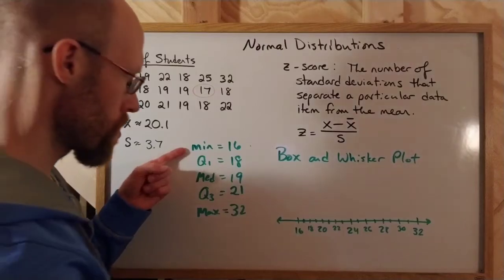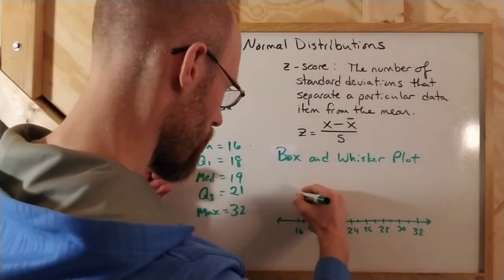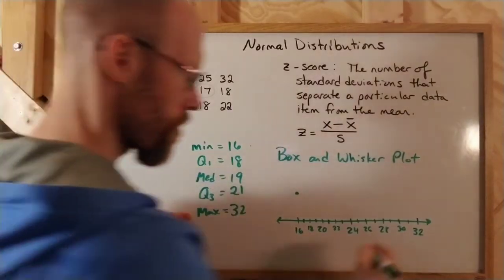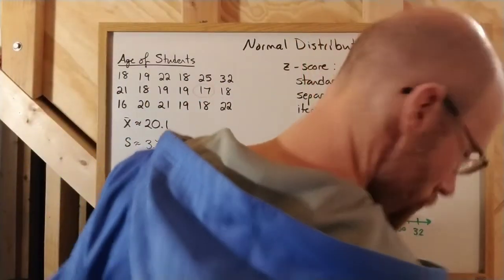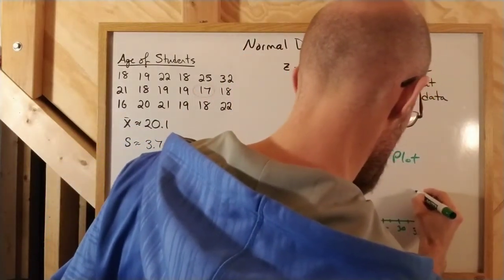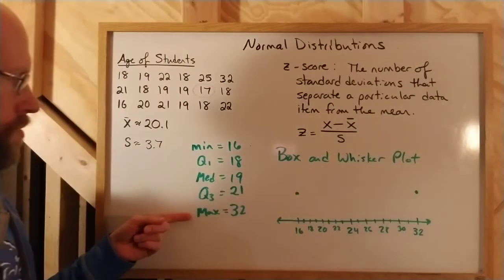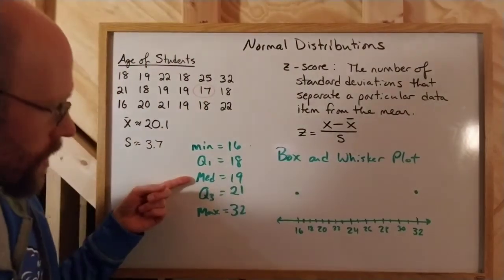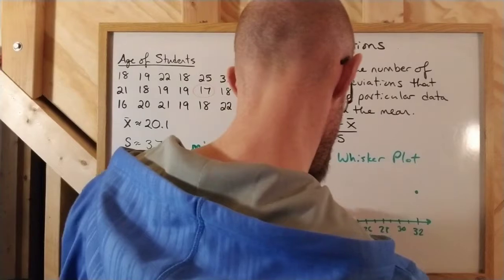So my minimum is 16. I'm going to put a dot above the line there at 16. My max is at 32. I'm going to put a dot right above the line at 32. My median is at 19. I'm going to put a dot there.